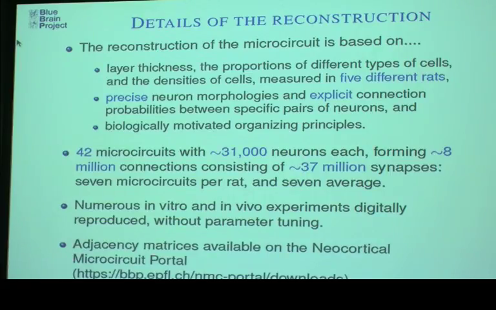If you want to look at the adjacency matrices and play with them, or look at more information, you can look on this portal that they created, where you can find out all sorts of things about what the neurons are, how they behave, and how they're all connected for all 42 networks.